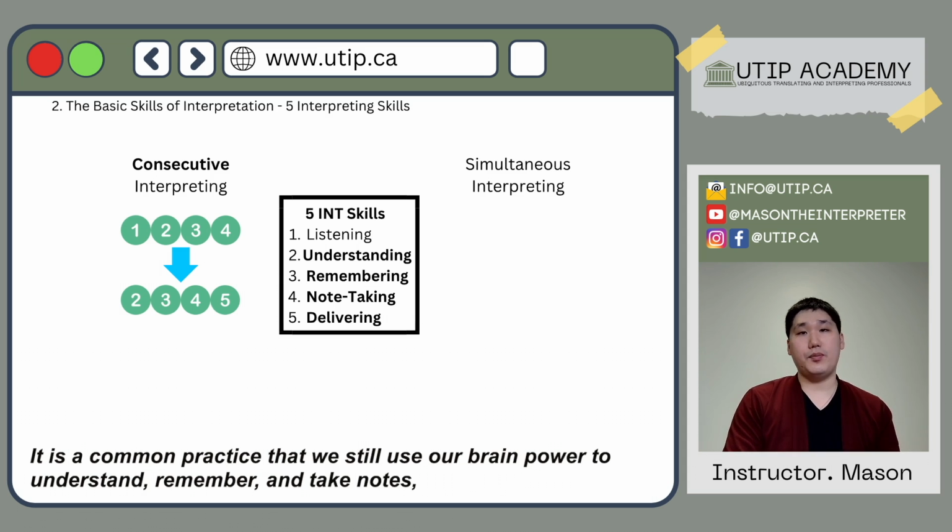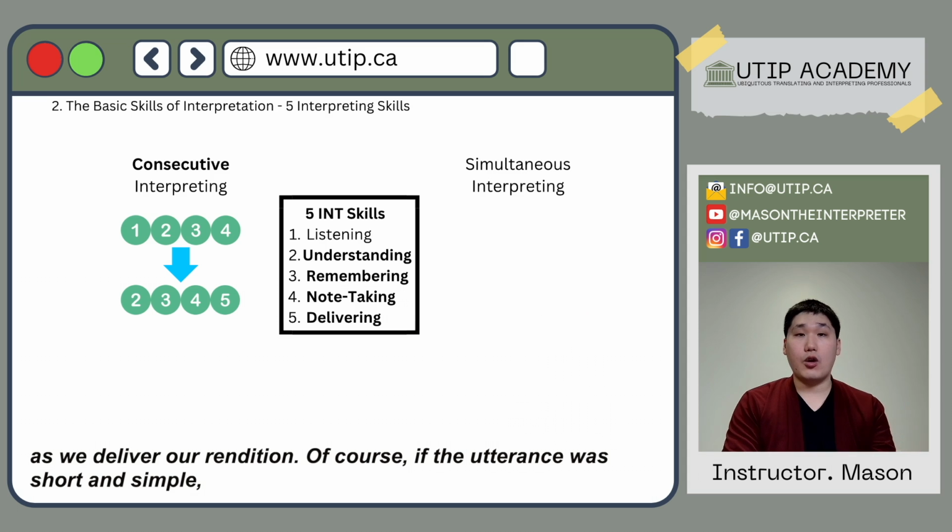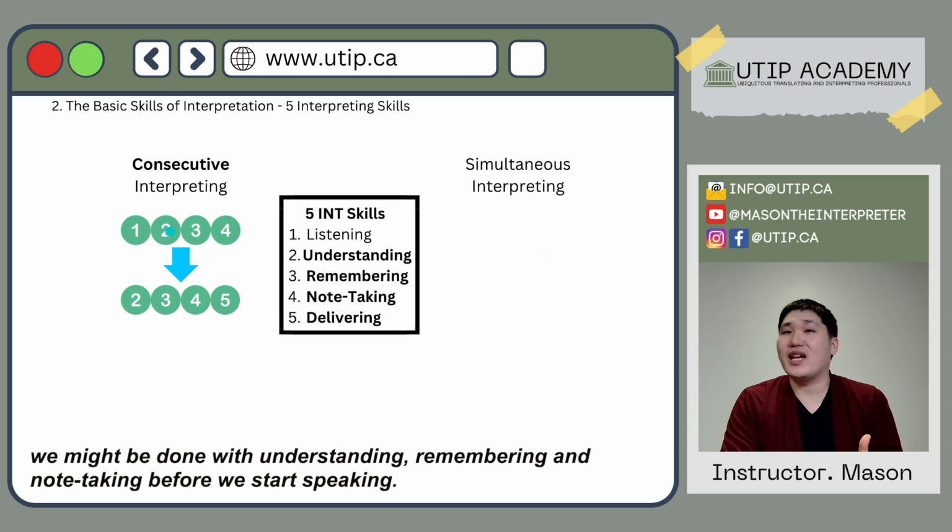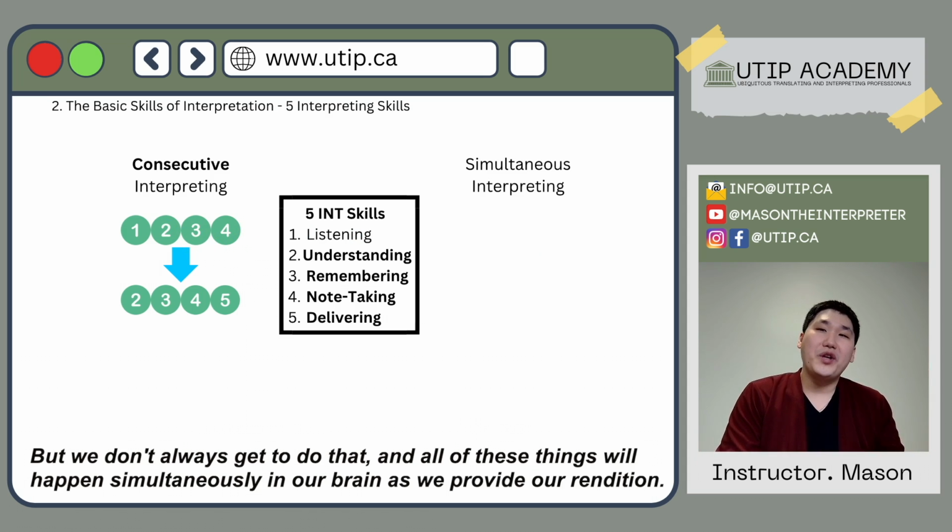It is a common practice that we still use our brain power to understand, remember, and take notes as we deliver our rendition. Of course, if the utterance was short and simple, we might be done with understanding, remembering, and note-taking before we start speaking. But we don't always get to do that. And all of these things will happen simultaneously in our brain as we provide our rendition.